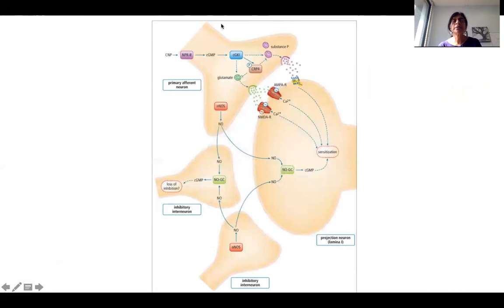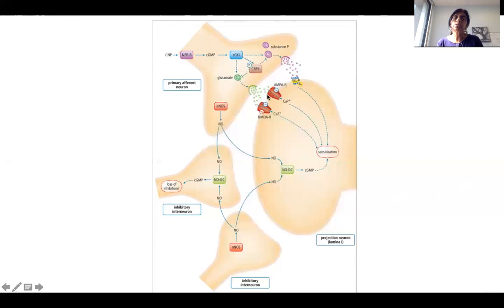You're talking about the first order neuron or primary afferent neuron carrying the pain signal. Now, I do not want you to worry about all these abbreviations. Focus on glutamate, focus on substance P. Both are made by the same neuron in response to pain stimulus. Glutamate is released.